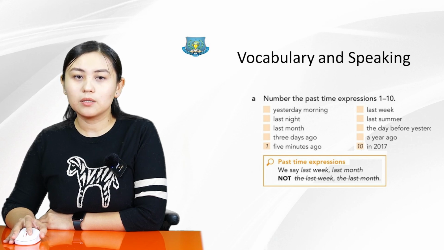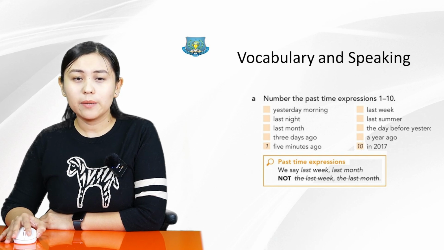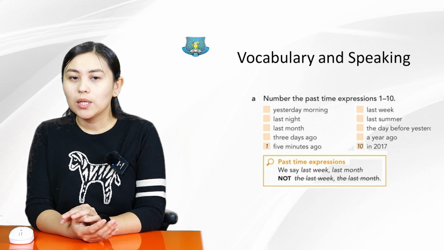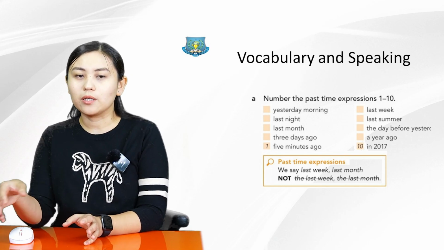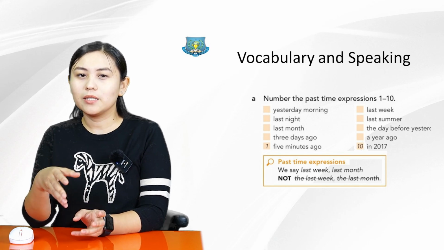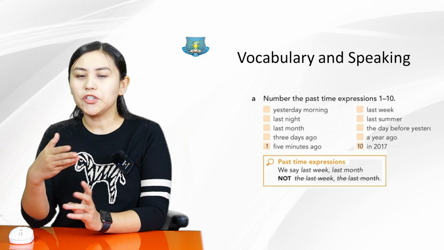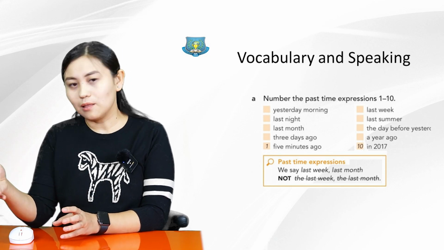Vocabulary and speaking part: number the past time expressions from 1 to 10. With past time expressions, we say last week, last month, but we don't say the last week. It's prohibited. Just last week, yesterday, or I studied English last week, or I traveled a lot last month.